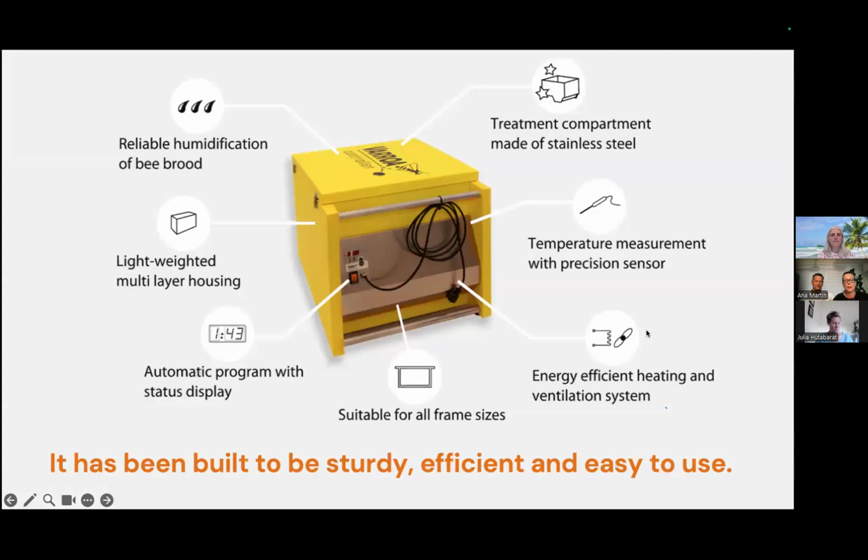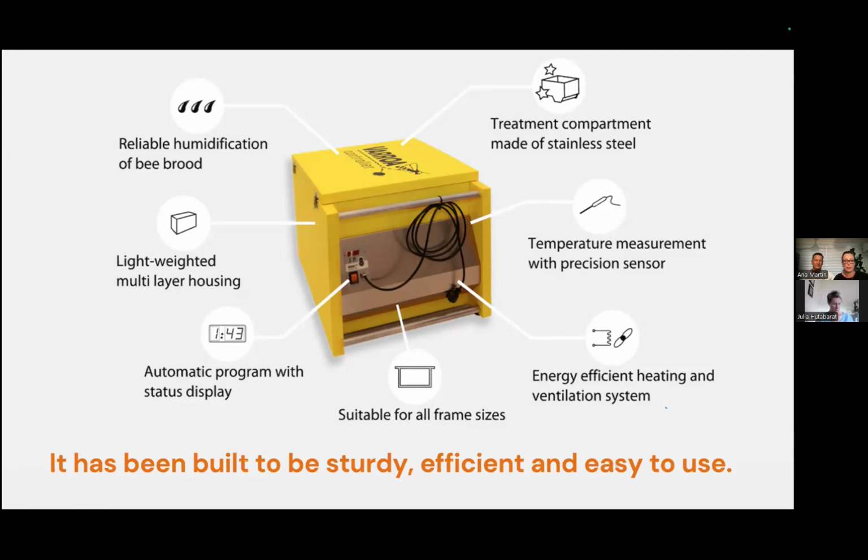And the reason why it works so well is because you only treat the brood, so you don't stress the whole hive like some other hypothermia methods do. The machine has a humidification system that keeps the brood at the same humidity as a hive. The same thing with the temperature prior to the treatment.